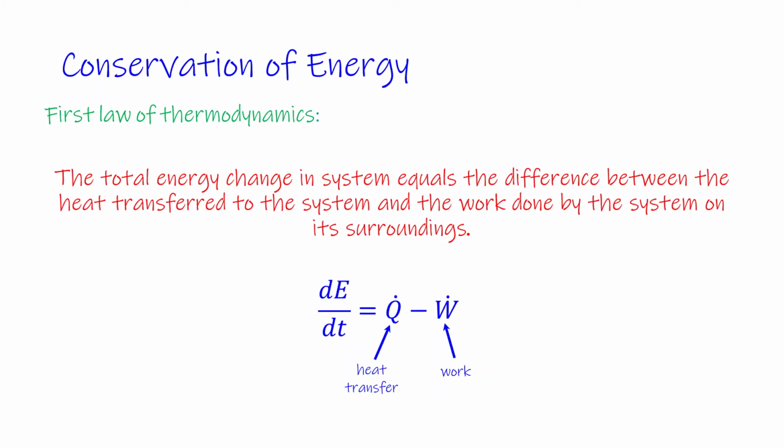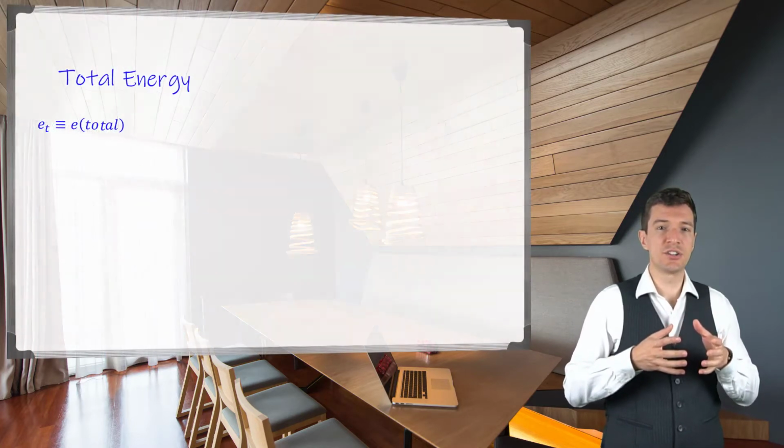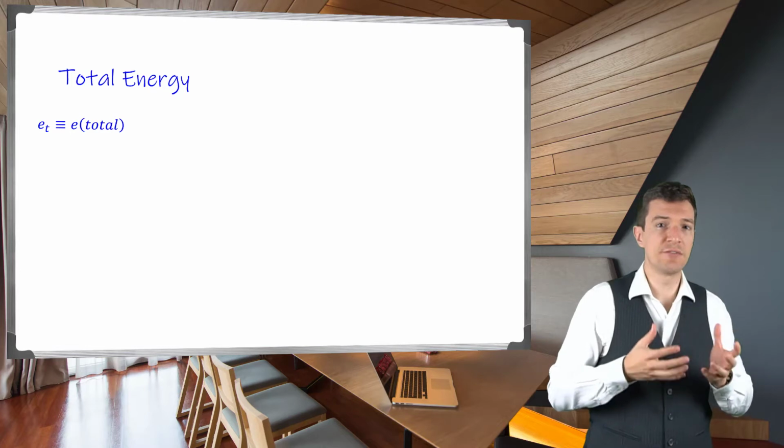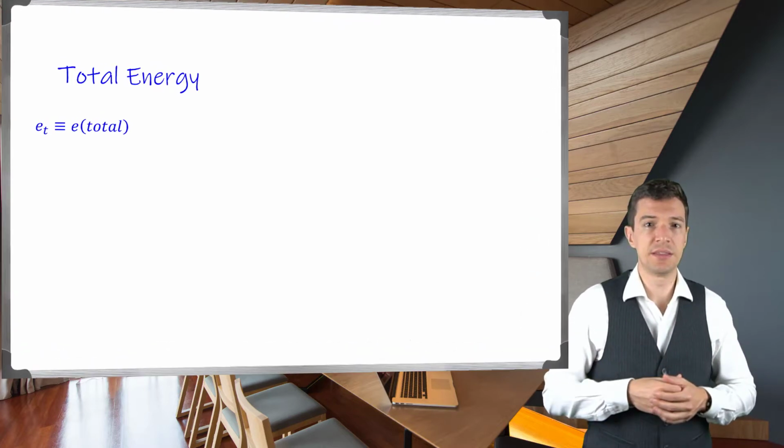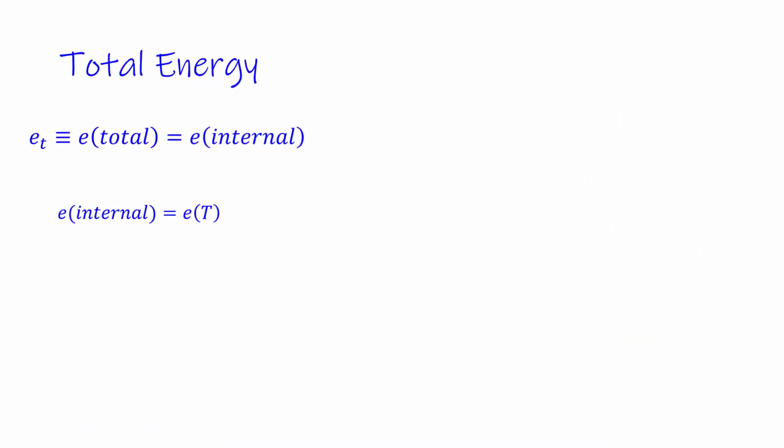Next, we are going to analyze in detail each of these terms and see how we can mathematically represent them. First, let's take a look at the energy and let's introduce the concept of energy per unit mass. The total energy is the combination of three forms of energy. The internal energy, that is a function of temperature.